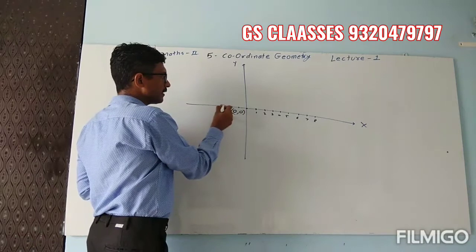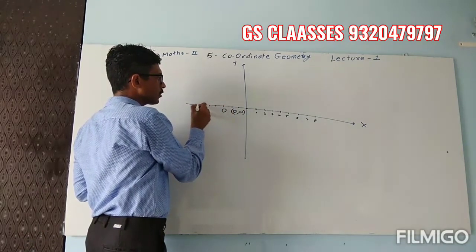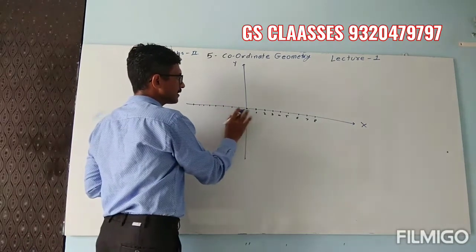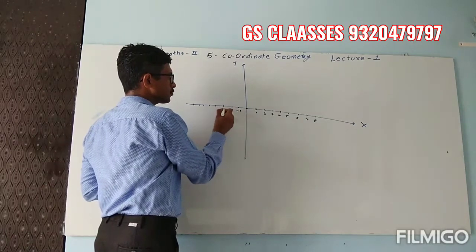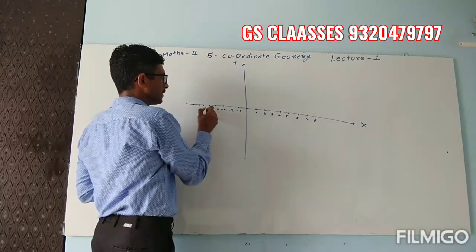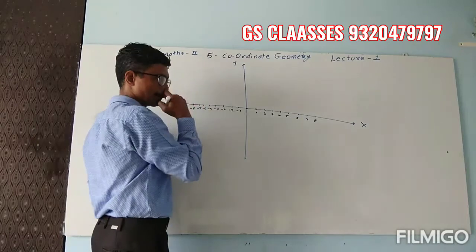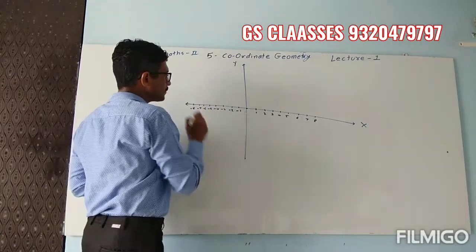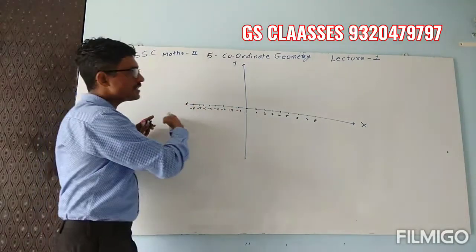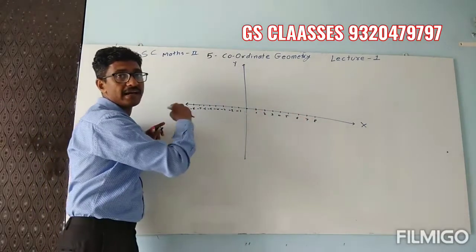Similarly, on this side we can do the equidistant markings as -1, -2, -3, -4, -5, -6, -7, -8. So it becomes the negative side and this becomes the positive side of the x-axis.